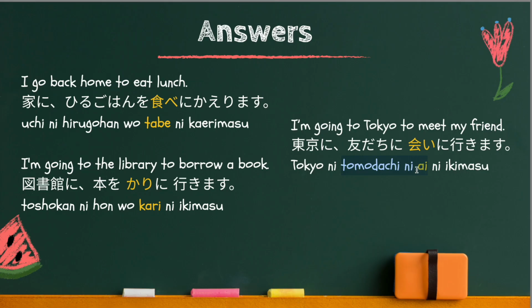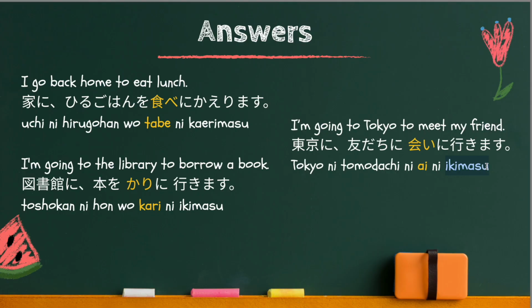The remaining part is the verb stem I. After 友達 you have to use に particle because of this verb 会います. When you use the verb 会います, usually we use に particle instead of を. So be careful with this one. Then lastly the verb 行きます, to go.